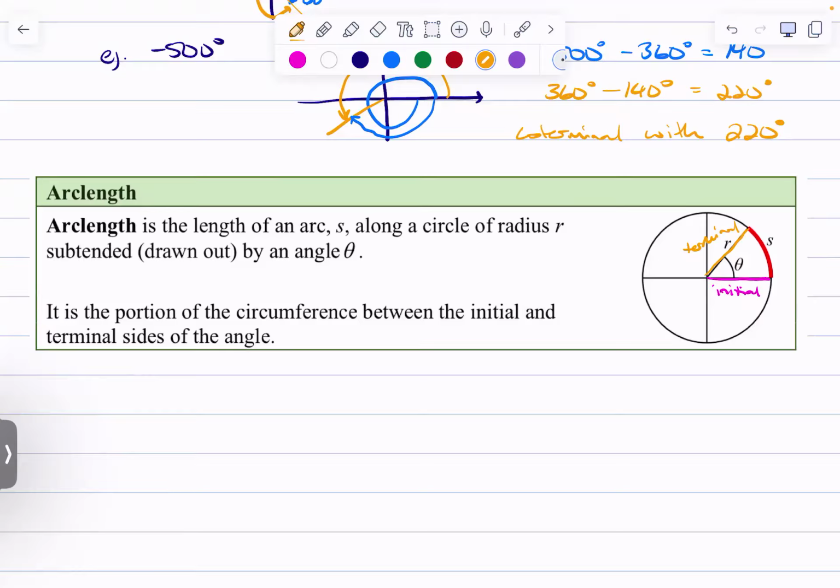And it might be nice to remember the circumference of a circle is 2 pi r. If you know the radius, then the circumference is going to be 2 pi r, which kind of leads us into radians.